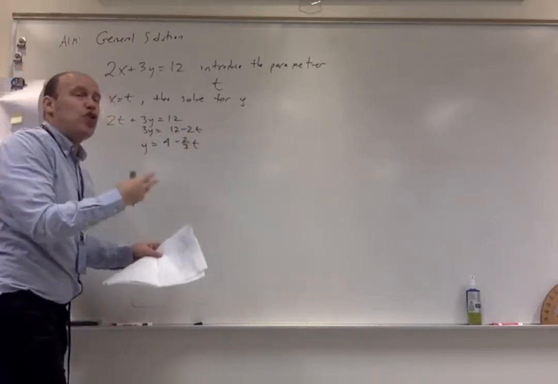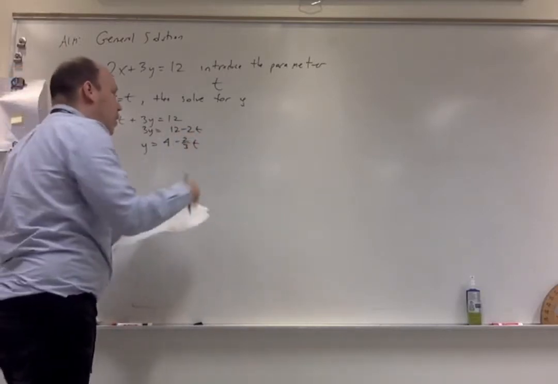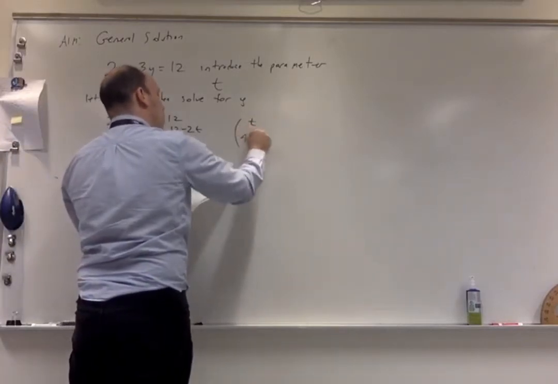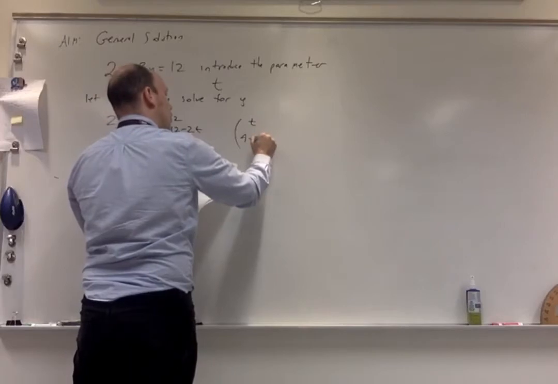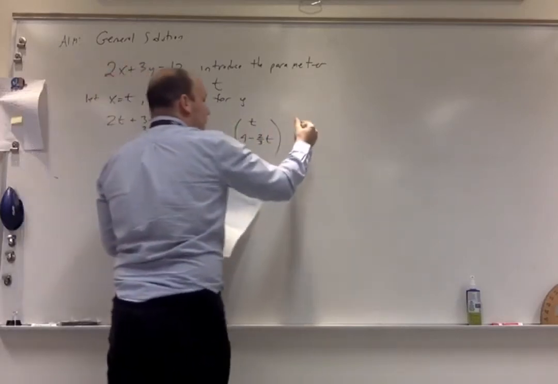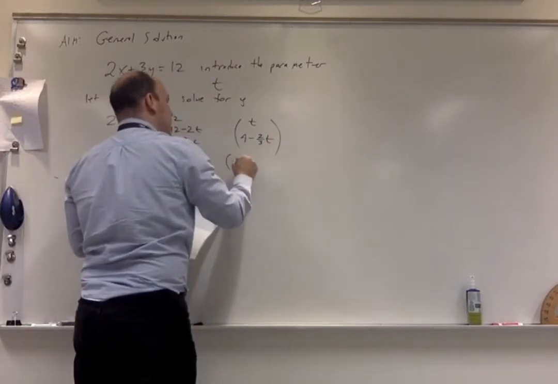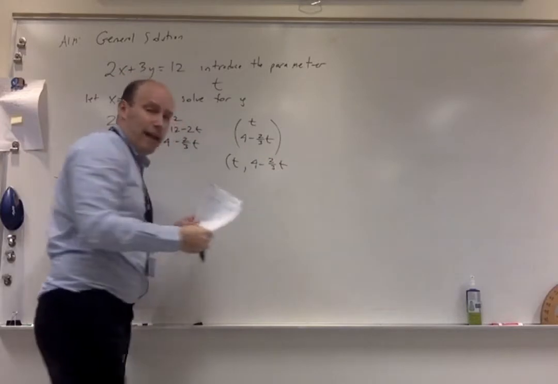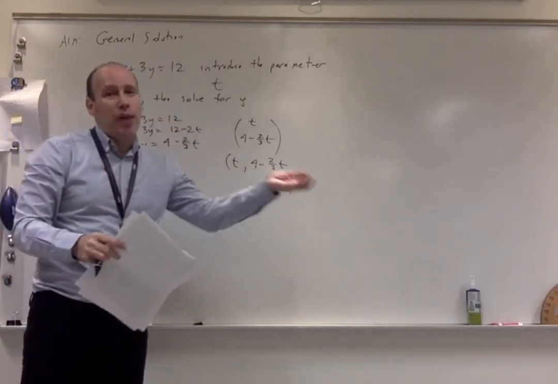And so we're going to say the general solution, and we're going to write it in this form, t, 4 minus 2/3 t. You might see it like that, or you might see it like t comma 4 minus 2/3 t. So depending on the t, that tells us our location.